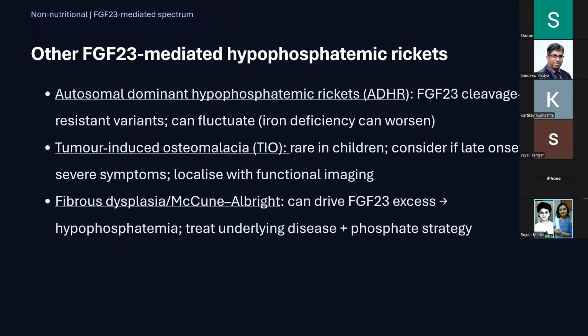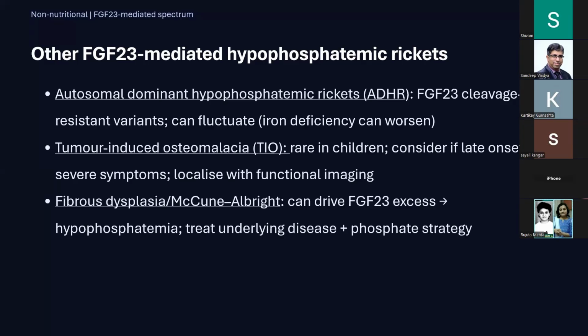Other FGF23 mediated hypophosphatemic rickets include autosomal dominant hypophosphatemic rickets, in which there are FGF cleavage resistant variants, and it can fluctuate. Tumor induced is rare in children, and it can be considered if it's late in onset and severe symptoms are seen, along with localization with functional imaging.